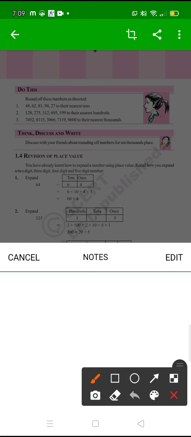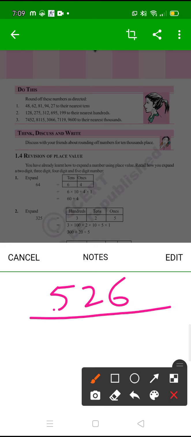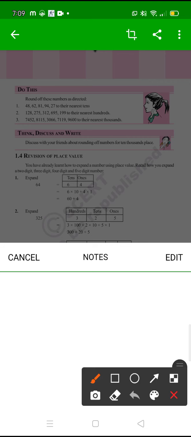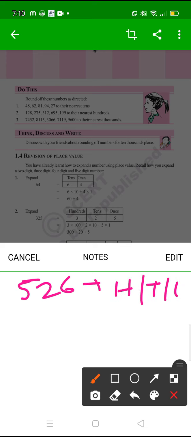Now expand one more number, that is 526. Here hundreds are there, so hundreds, tens, ones.